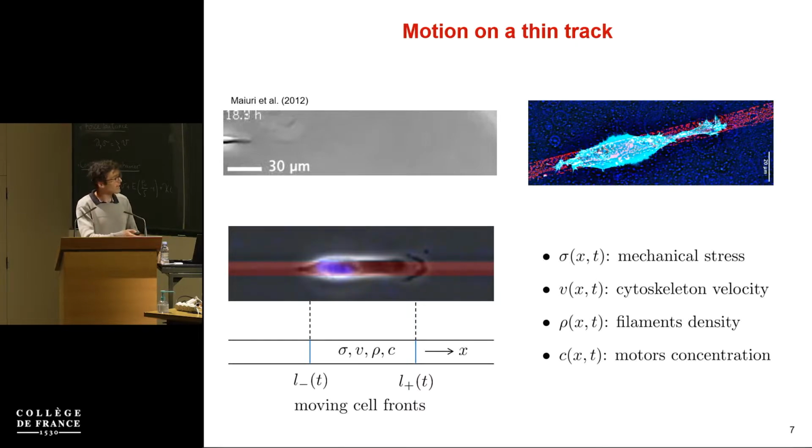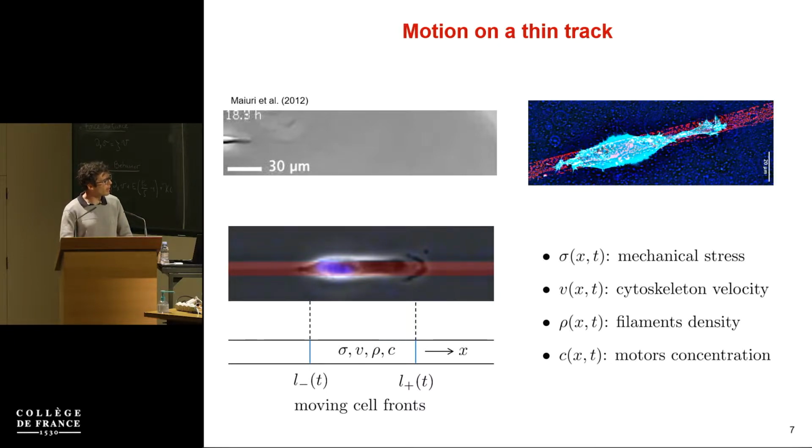So what I do is I introduce stress. I consider first the cell as just a segment with two moving fronts, L minus and L plus, and I have a stress field, which is a stress in the cytoskeleton meshwork. Again, I am working like Raphael with coarse-grained models, where I assume that the cytoskeleton meshwork can be coarse-grained in a certain way.